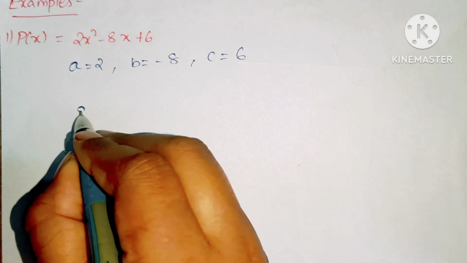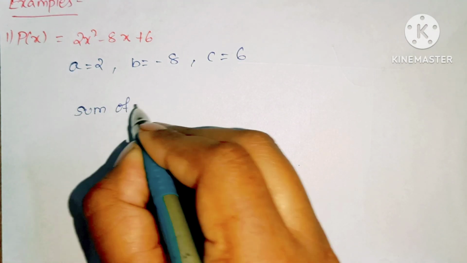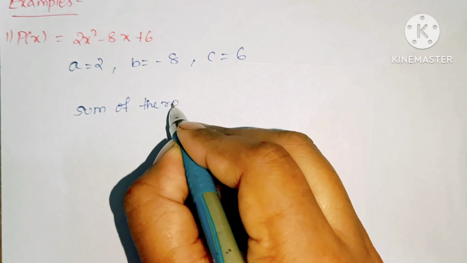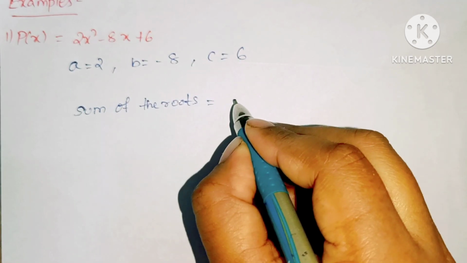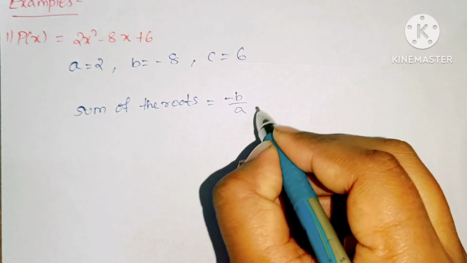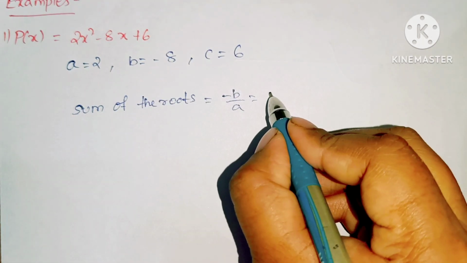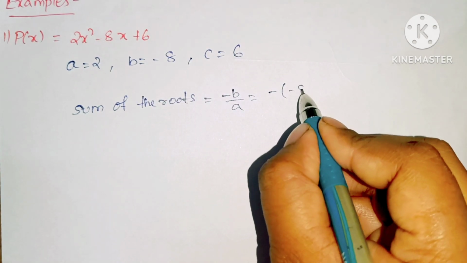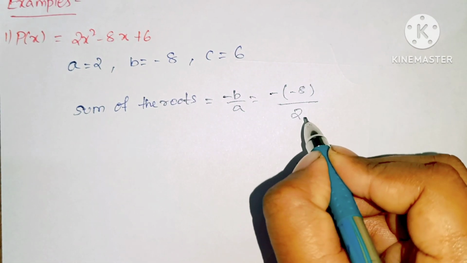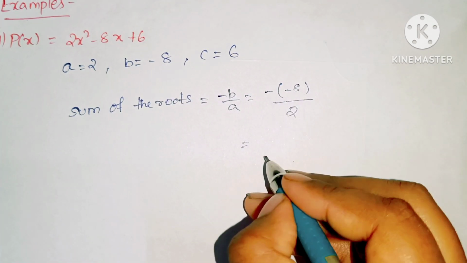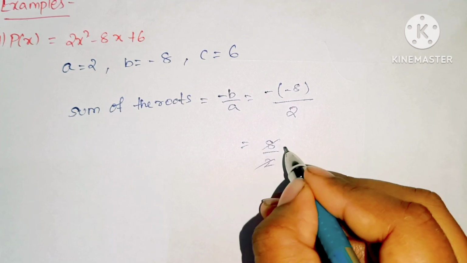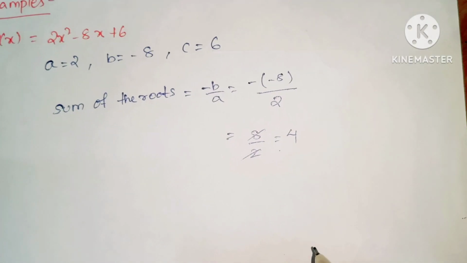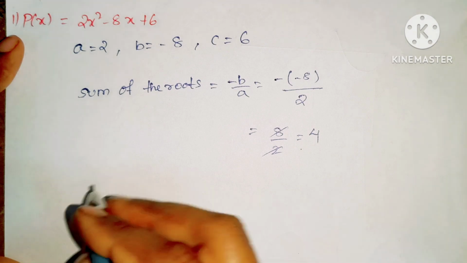So sum of the roots equal to minus b by a. So minus b means minus of minus 8, by a means 2. So minus into minus plus 8 by 2. 2 fours are 8. So sum of the roots is 4.